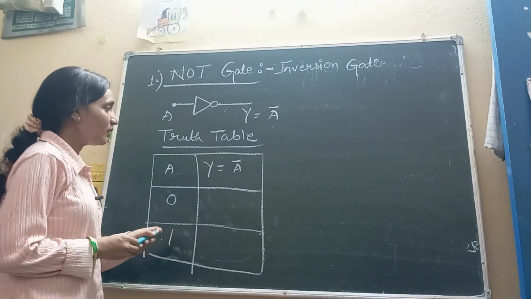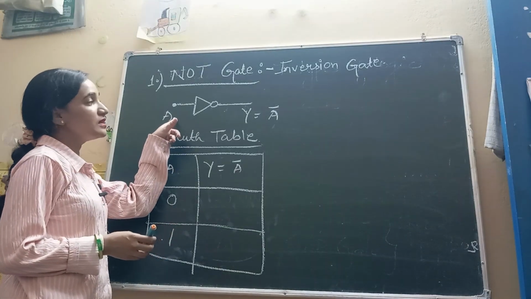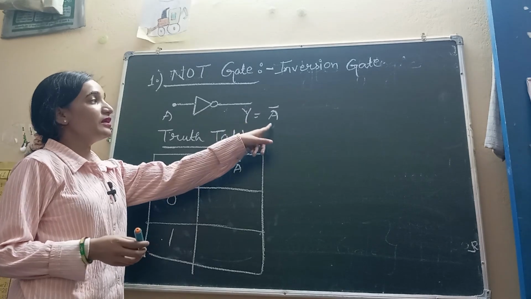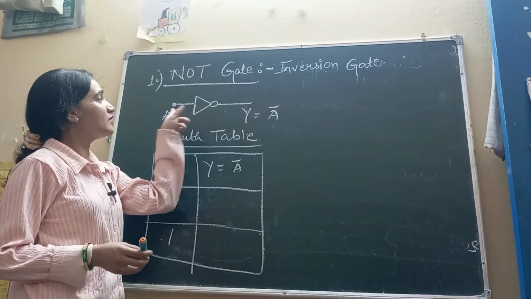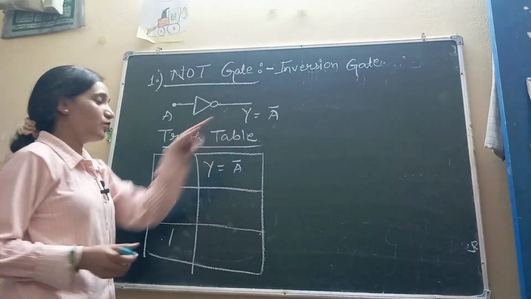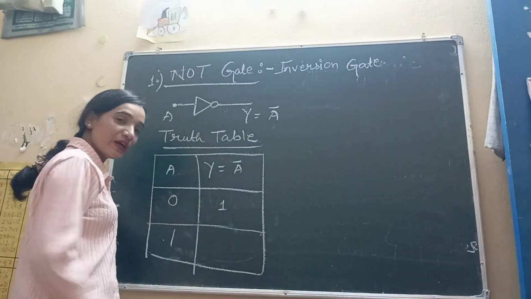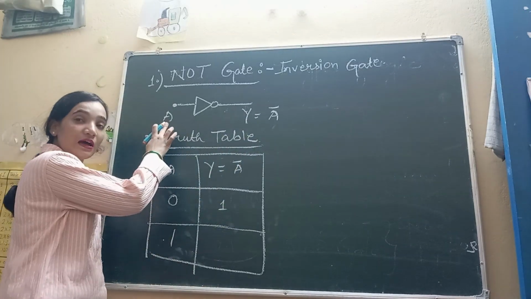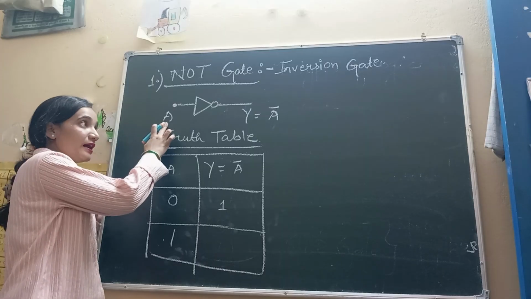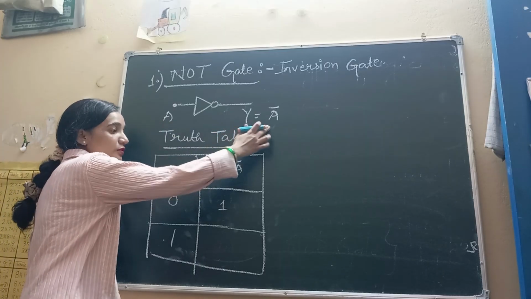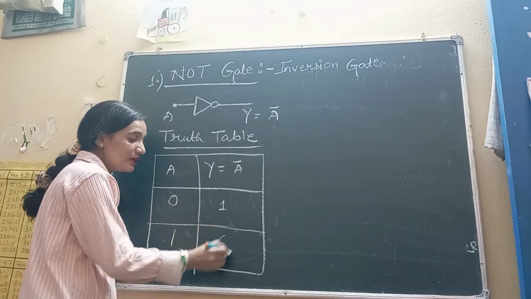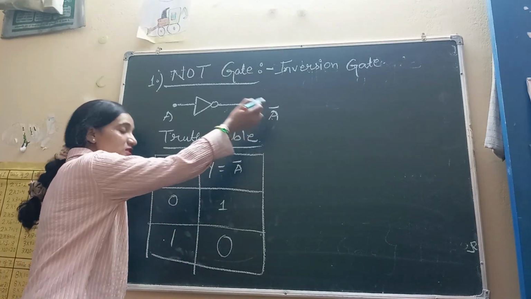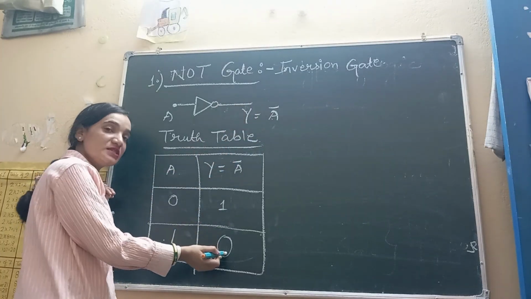When 0 is applied, the NOT gate will invert it, so for 0 we get 1. If the voltage supply is high, the output will be the inverse of high: A bar means 1 bar, which is 0.